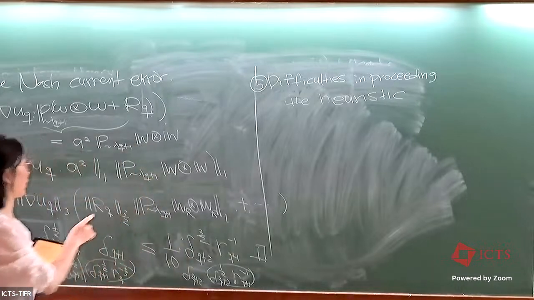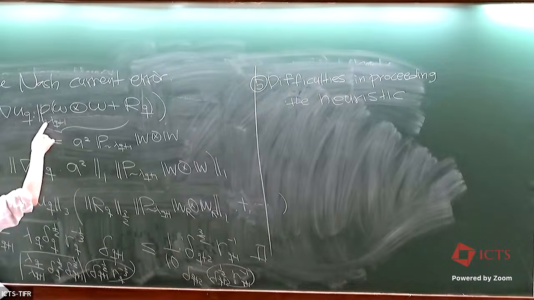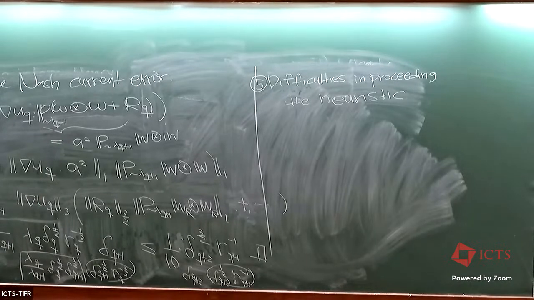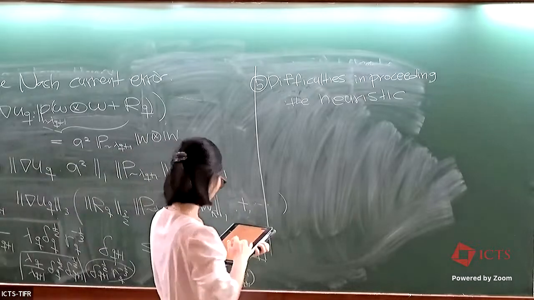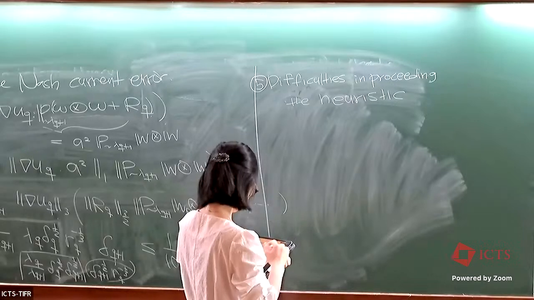So one thing that we ignored so far is what happens in the intermediate frequency, the frequency less than lambda Q plus 1. So let me describe a bit more of how it can go wrong.